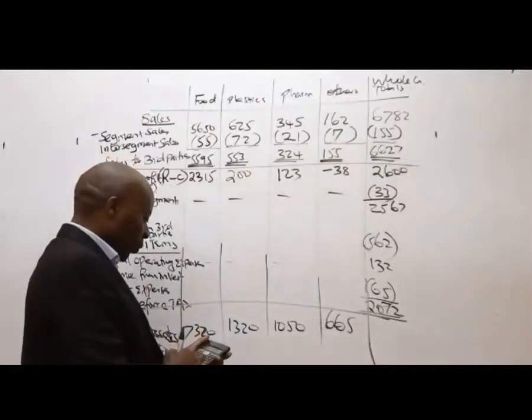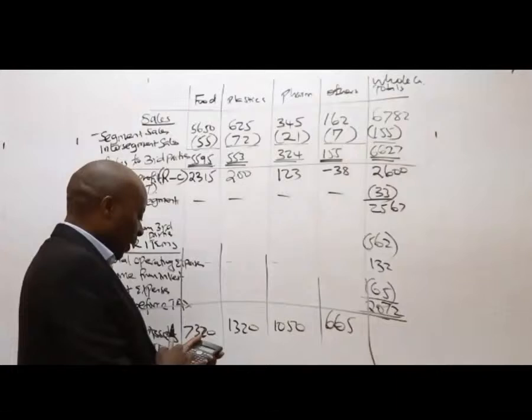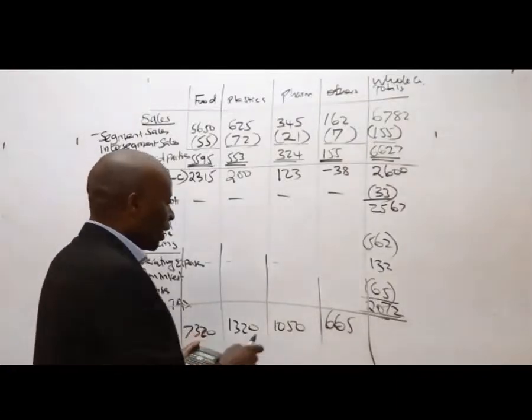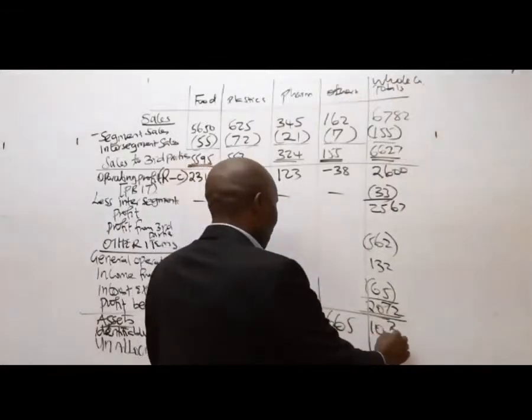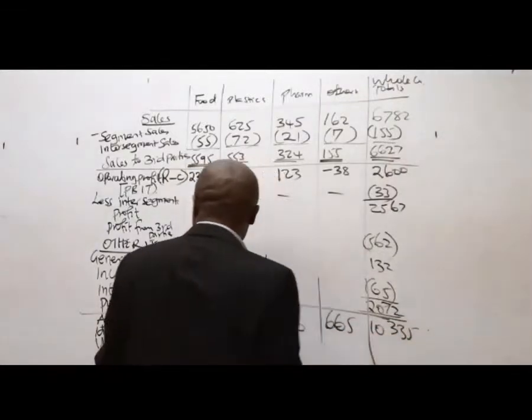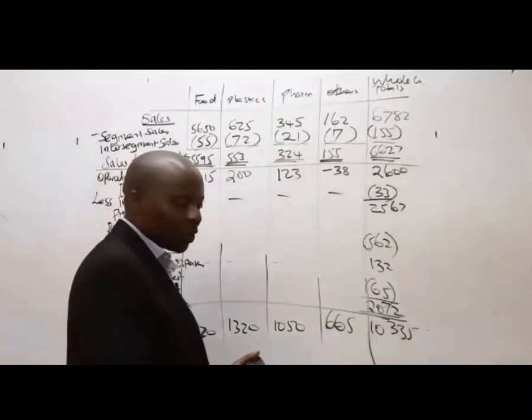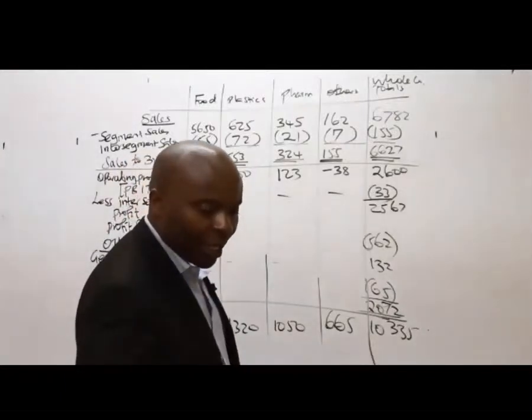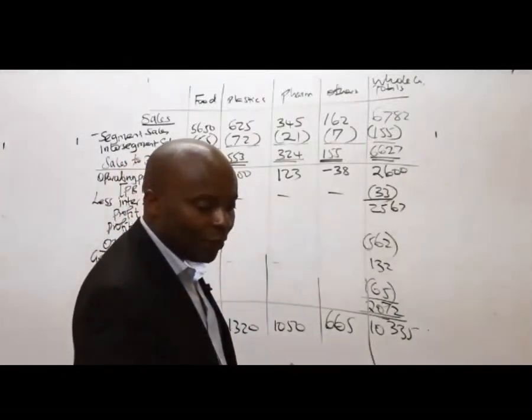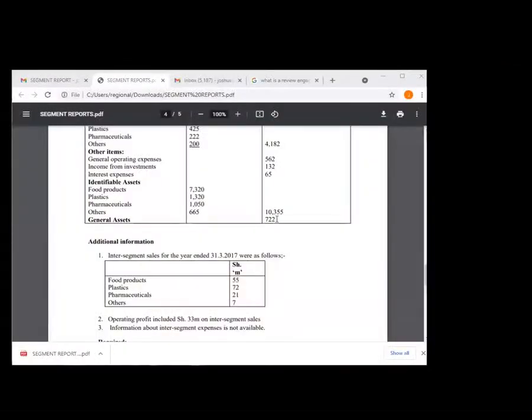So we have 7320 plus 1320 plus 1050 plus 665, which equals 10335. And then the unallocated assets, which fall under the head office, the general assets here, are 722.